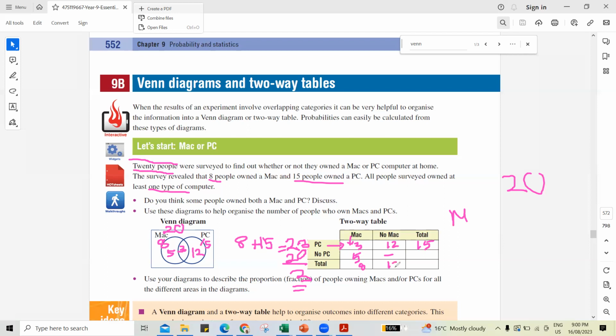And this will be 12. And this line, total 5. Altogether 20. If you add this way, it is 20. If you add this way, it is 20. It will be confusing, but if you understand, this is the way we need to do it, right?